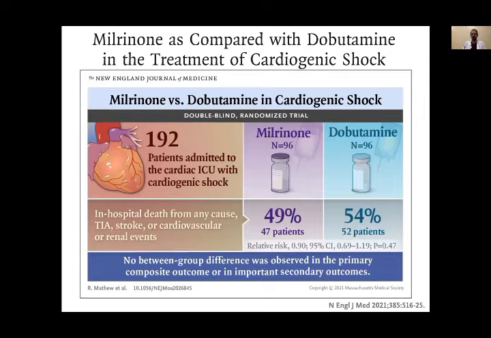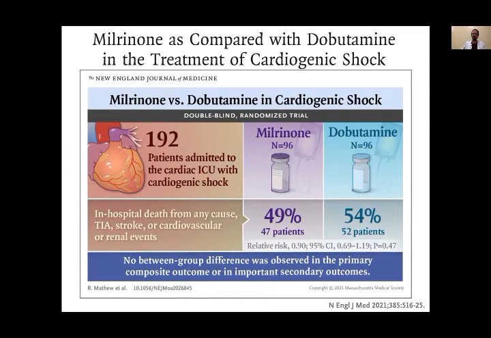Another paper published a few months ago in the New England Journal of Medicine looked at milrinone and dobutamine, therefore inotropes versus inotropes, this time, not inotropes versus vasopressor. Another 92 patients with cardiogenic shock were randomized, undifferentiated, again, not myocardial infarction related, but also with non-ischemic etiology.